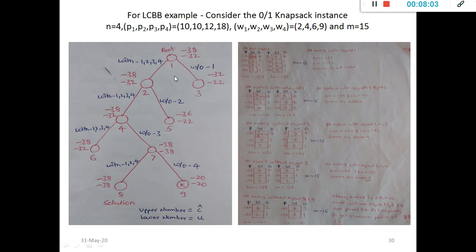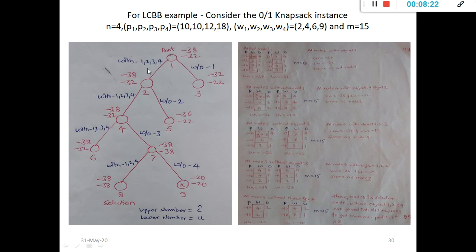Then next, expand this state space tree from the root node to the next level nodes as node 2 and node 3. Then at node 2, again you have to consider objects 1, 2, 3 and 4.